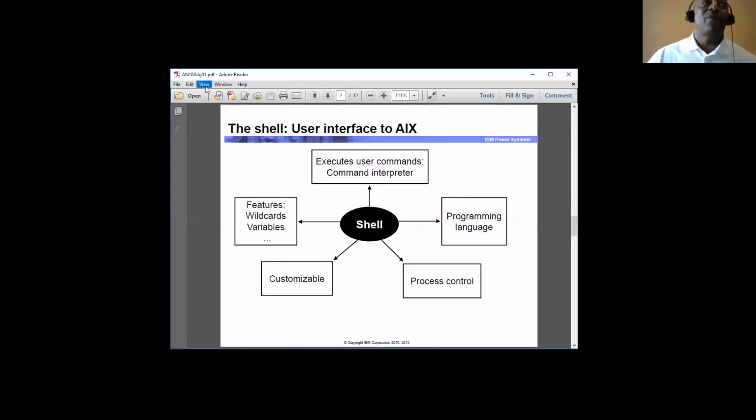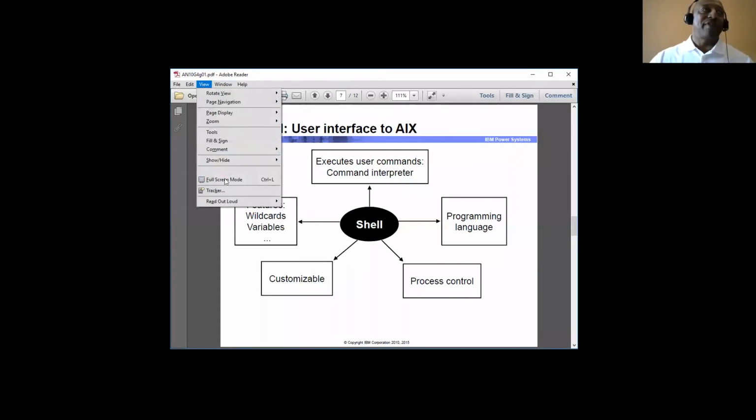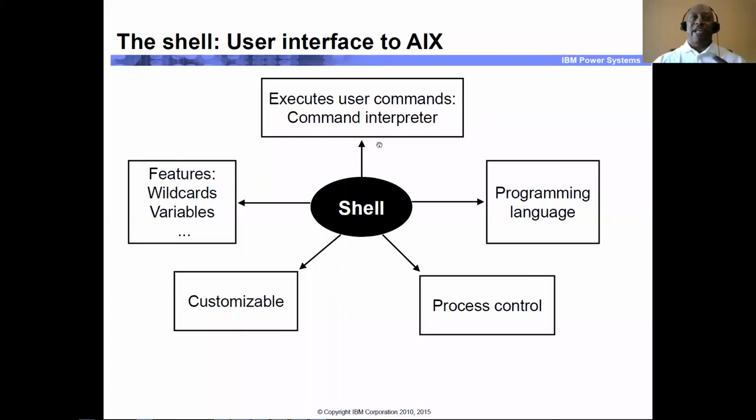Now I got the green border. That's promising. So now, does everyone see it now? Executing user commands, command interpreter, all that. Yes. Okay. Thank you. I didn't have confidence because I didn't see that green border around it on my other screen. All right. So now let's try to annotate.